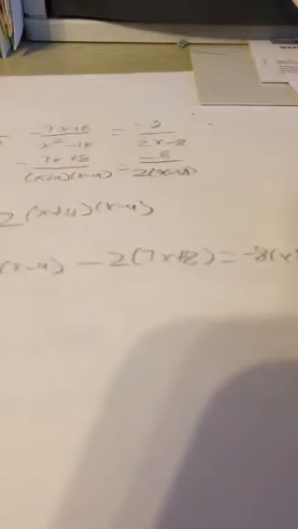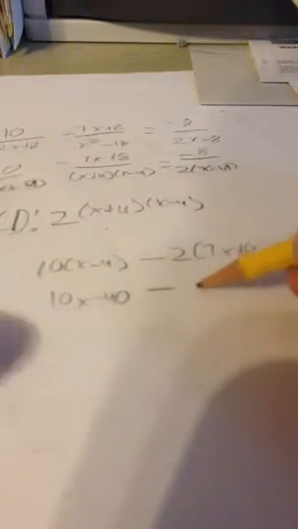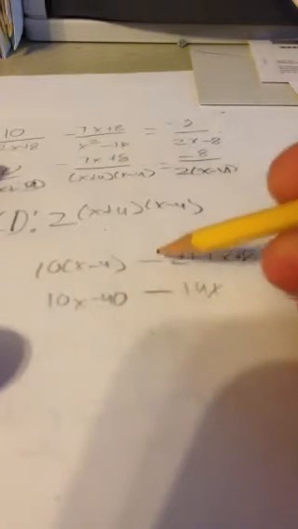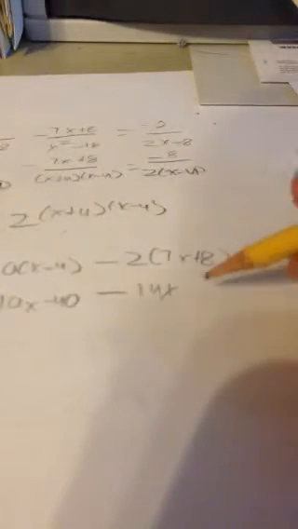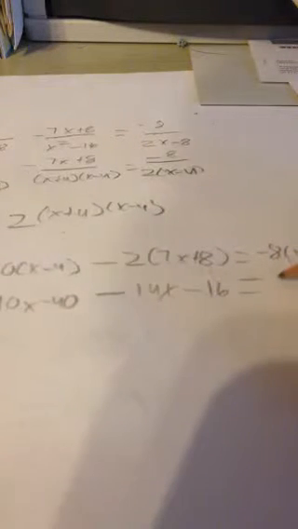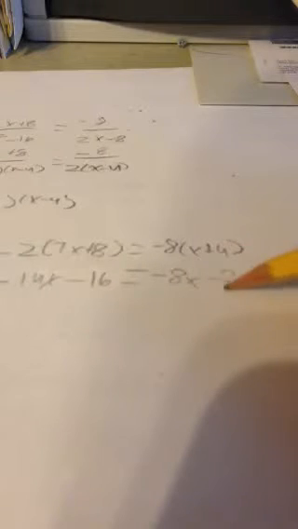So now, combining like terms, you get 10x minus 40 minus 14x. Remember, you gotta distribute this negative to this 8 also, so it's minus 16 equals negative 8x minus, because you gotta distribute the negative again, minus 32.